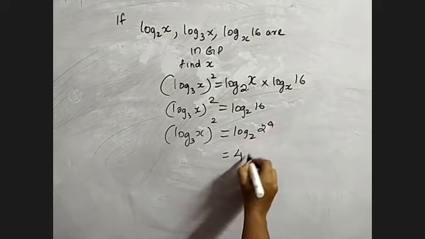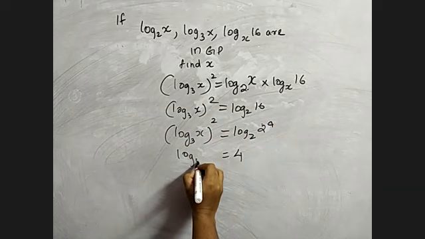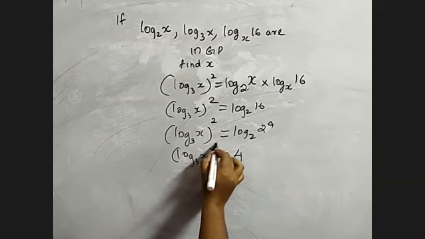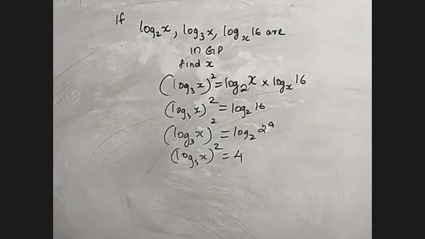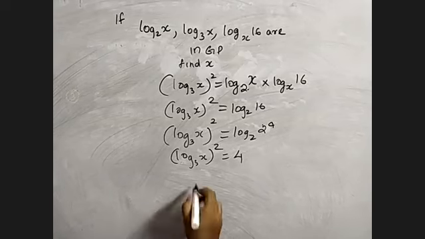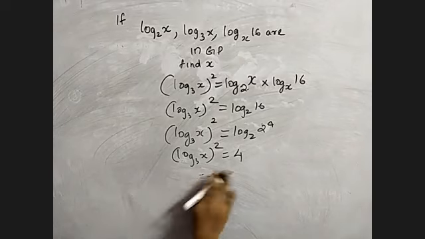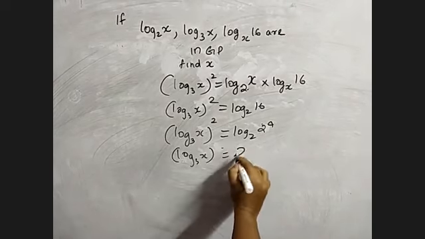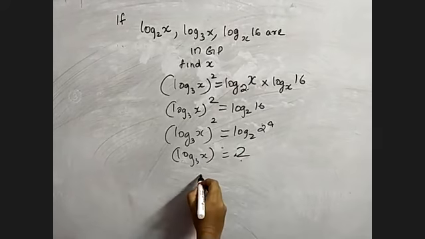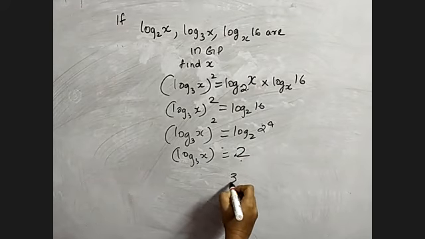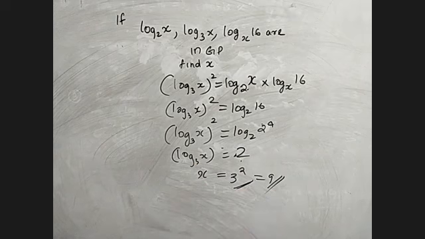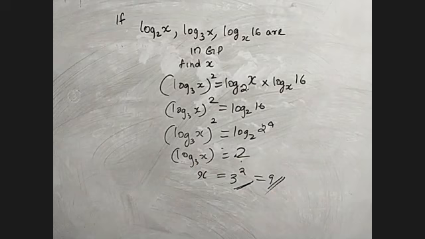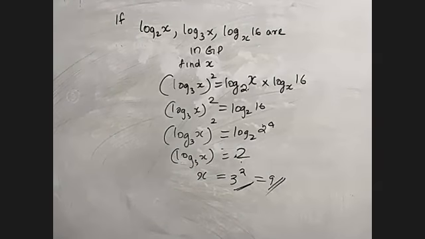So this will become 4 is equal to this, isn't it? That means x is equal to this. Taking square root, what will I get? 3 square. x is equal to 3 square, 9. Understood?